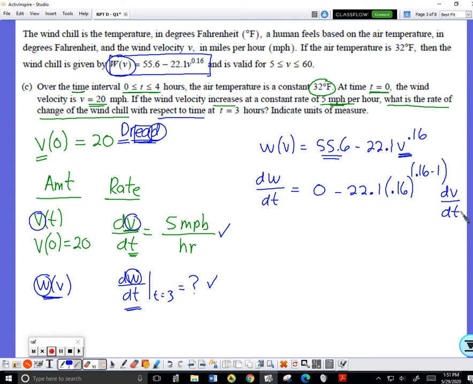Oh, I messed up here. I left out the v. Hold on. This one, when using the power rule, bring down the 0.16, and you still have v to the 0.16 minus 1. Then you have dv over dt. There we go.